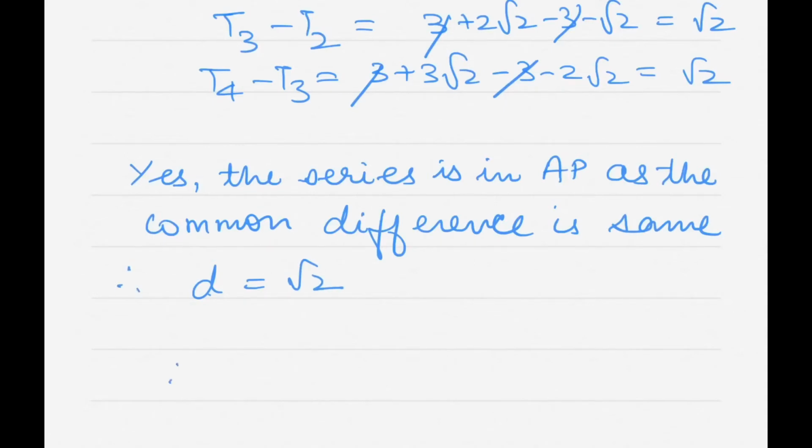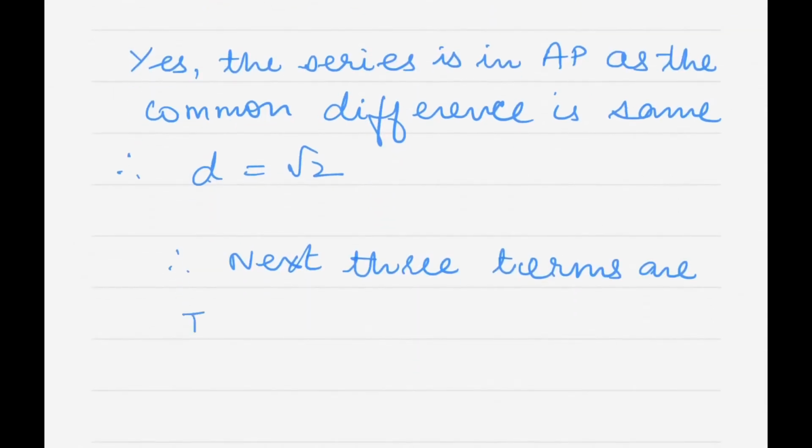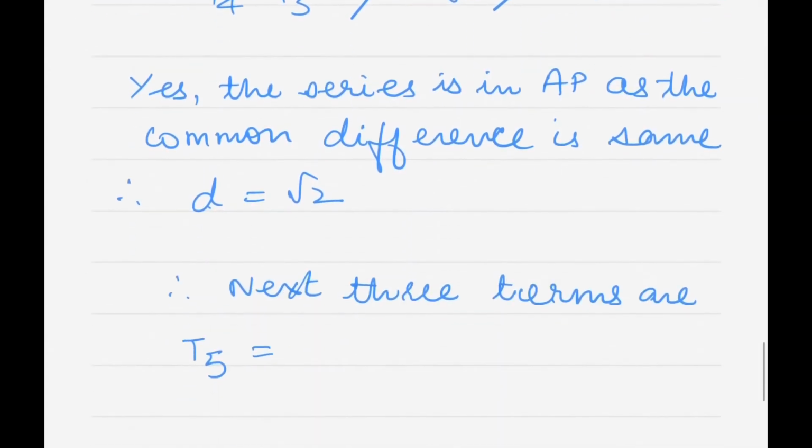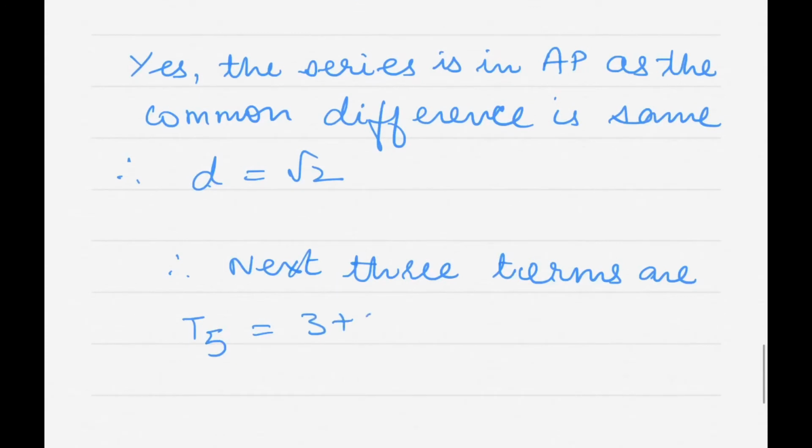And therefore next 3 terms, so now T5. What was my T4? T4 was 3 plus 3 root 2. 3 plus 3 root 2 plus root 2 will give me 3 plus 4 root 2.